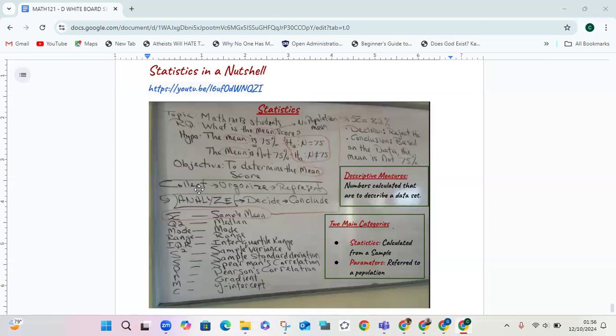Now, just by looking at that data you have collected, it will be very difficult to determine the mean just by looking at the scores, let alone to be able to determine whether or not the null hypothesis is true. So therefore, you need to move a step further and organize the data, that is, make it presentable using tables, most popular.